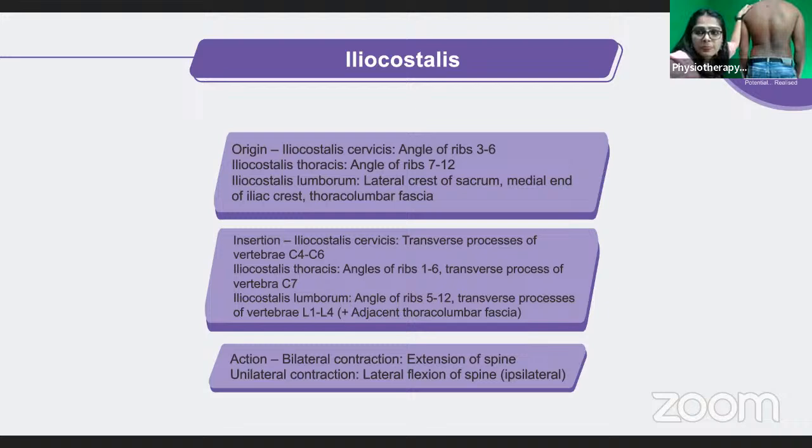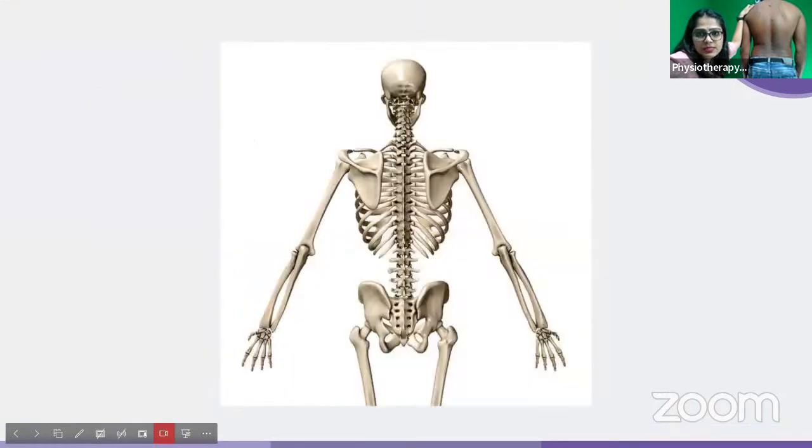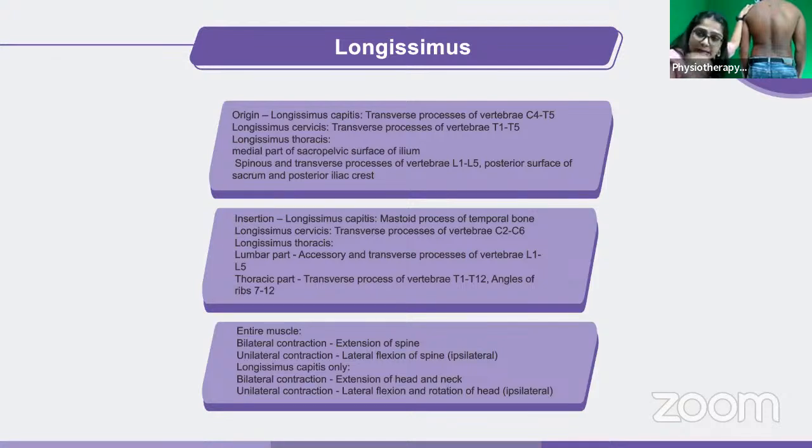Now coming to the next muscle, longissimus. It is also the same as your iliocostalis. Let us start this also from sacrum. It takes the origin from sacrum and lower 5 lumbar vertebrae.